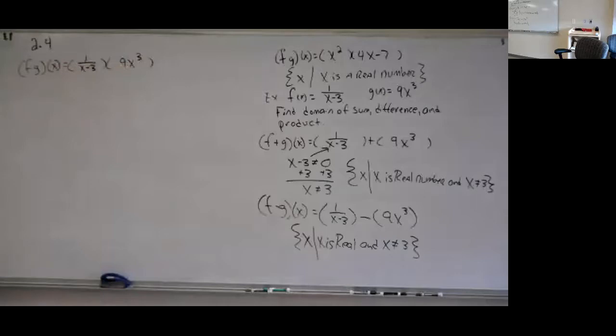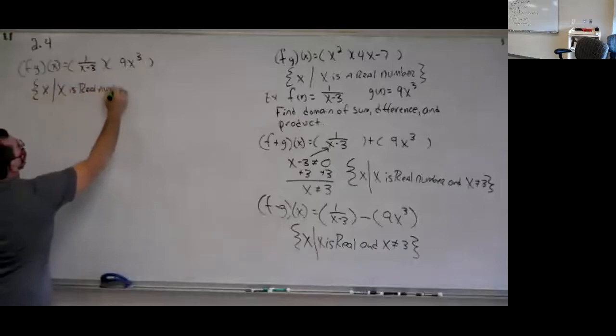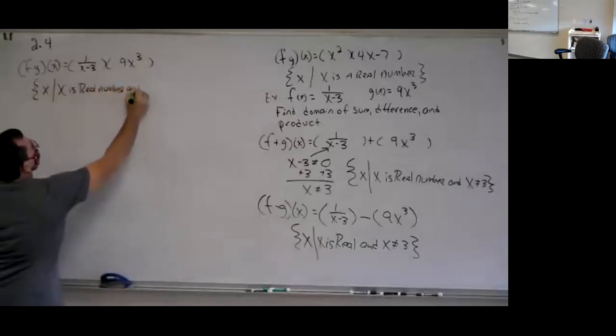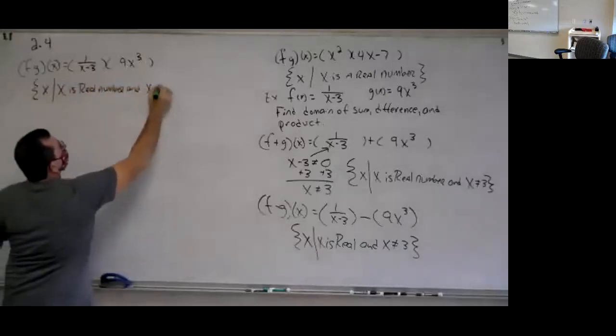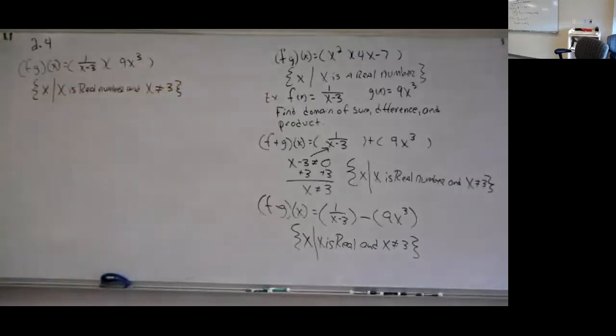Same situation, right? You're still worried about the first term, which is the 1 over X minus 3. So my domain is going to be X, so if X is a real number, and X cannot equal 3. Okay.